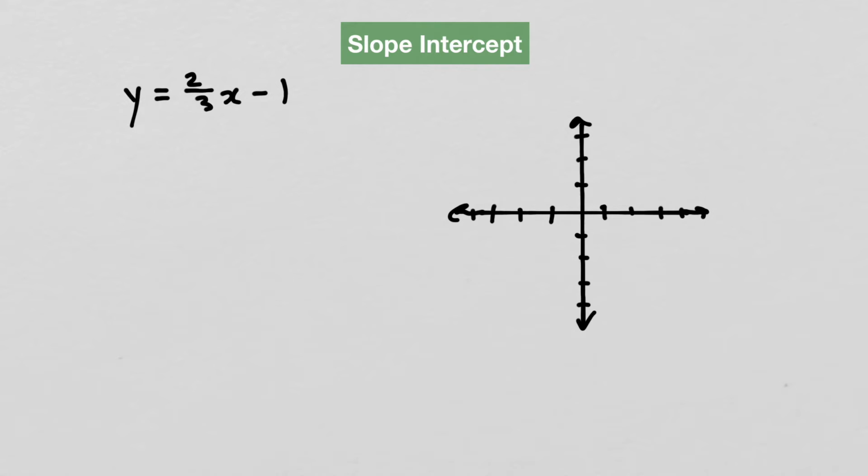The way we do this is exactly the same as the first two examples. So we take a look at our y-intercept, and we find that our y-intercept is -1. Okay, so we're going to start at -1, which is right here.